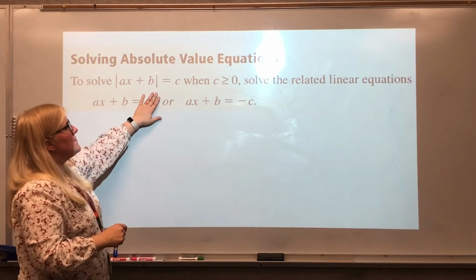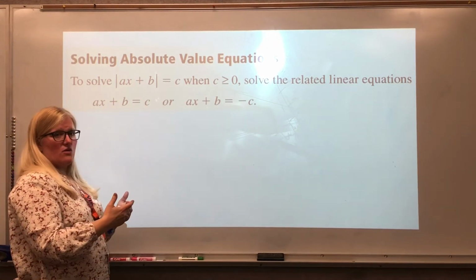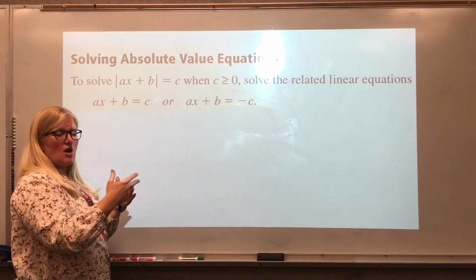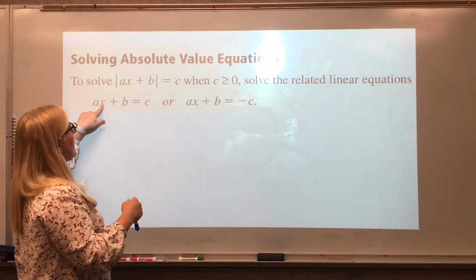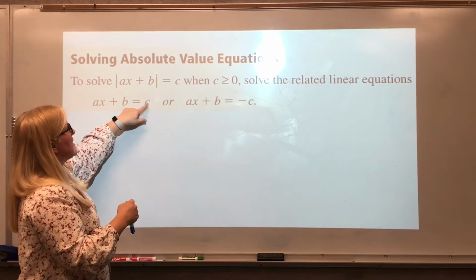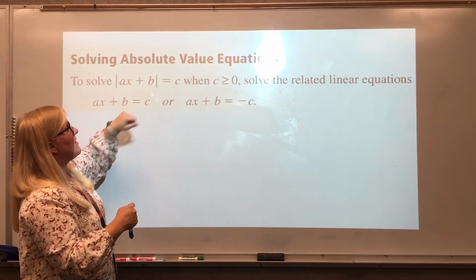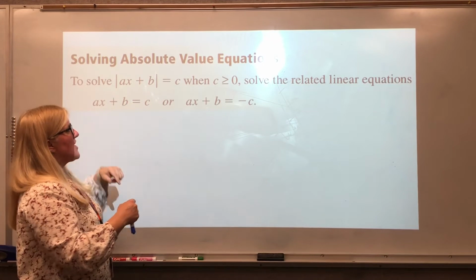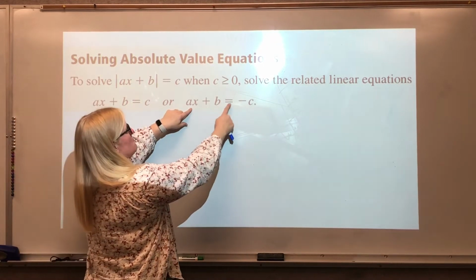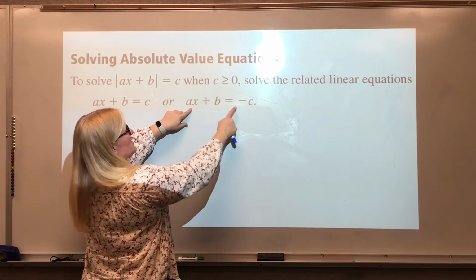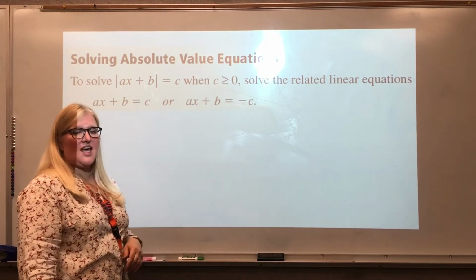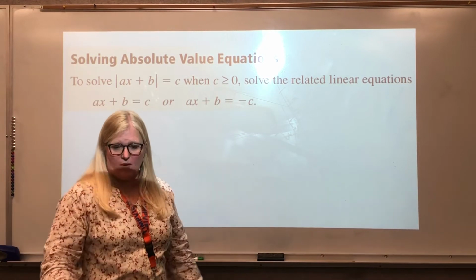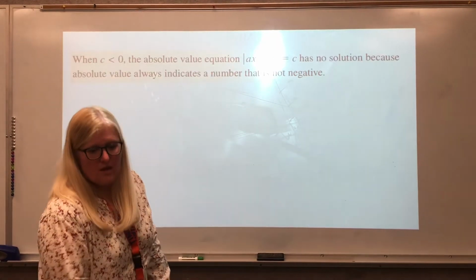So when we are solving the equation, we actually have 2 equations. We have ax plus b equals c, which is just this without the absolute value signs, and we also have ax plus b equals -c. So it's exactly the same, but we put a negative in front of the c. And it'll be more obvious when we have an example.